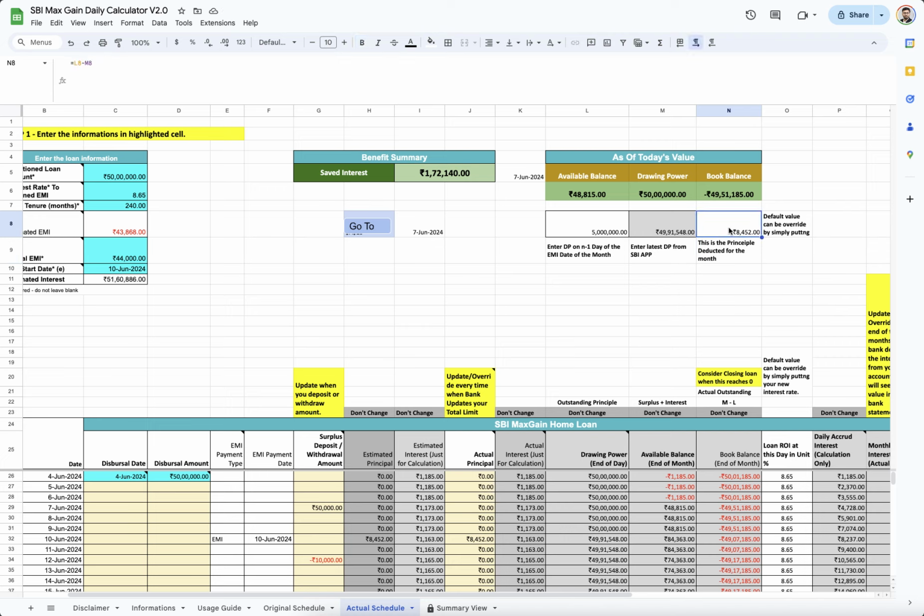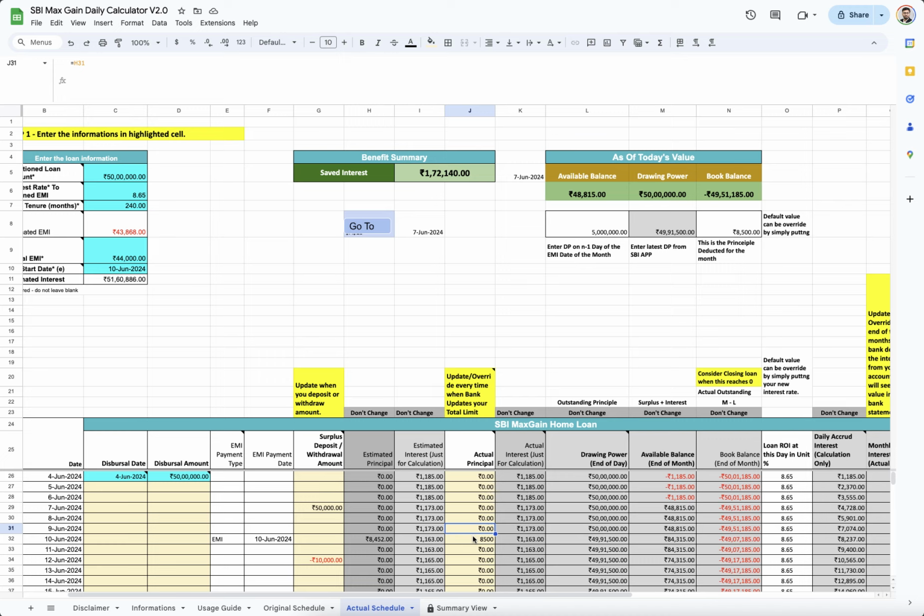So for example, if you see some different amount here, like this, then you need to basically take this amount and put it here. Not here. This is estimated. This is the actual. So you take the actual value, override this value directly, and put it here. Okay. So it will do the math automatically.